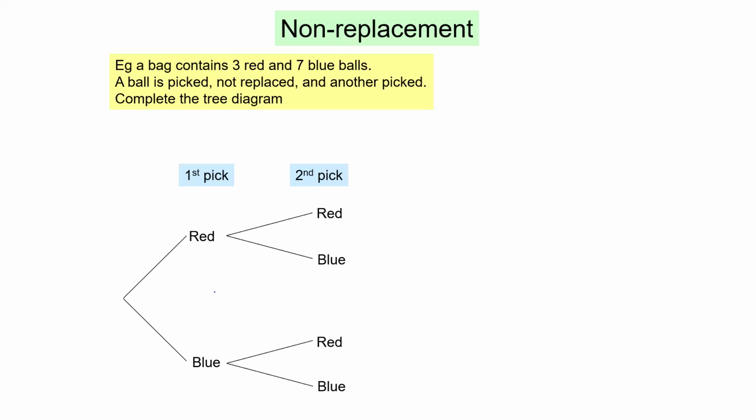Wait 1 second, sir. 3 by 10 for the first pick, and then 7 by 10 here. And then when we pick it, it's going to be without replacement. So we pick that, and then for the second, one second, sir.